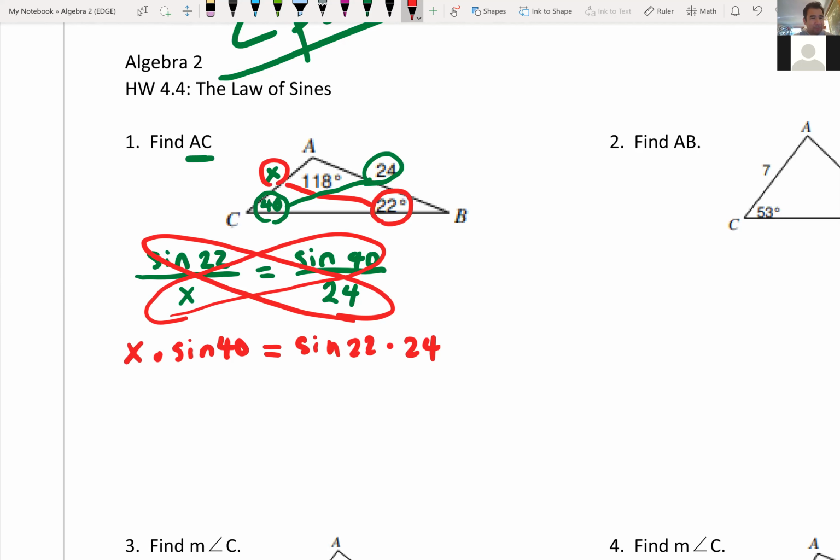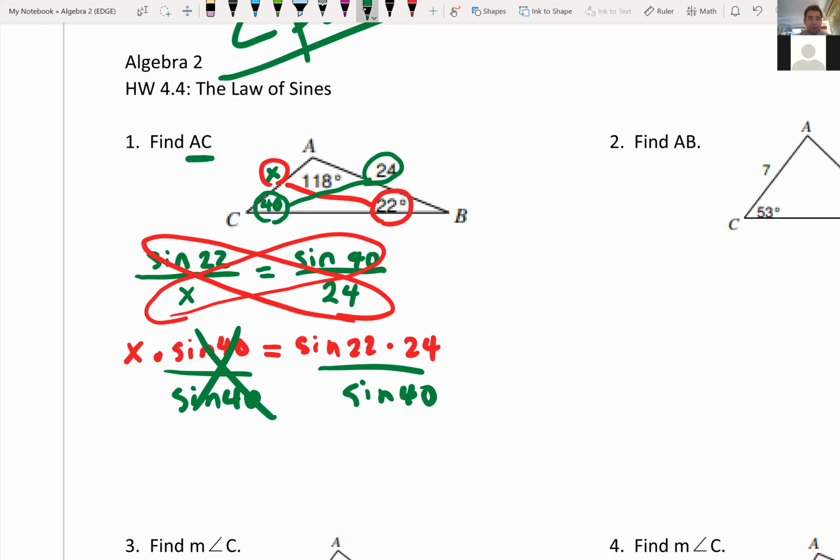If you multiply diagonally, that pair is equal to the other diagonally multiplied. And we're going to divide both sides by sine of 40, so that cancels out.